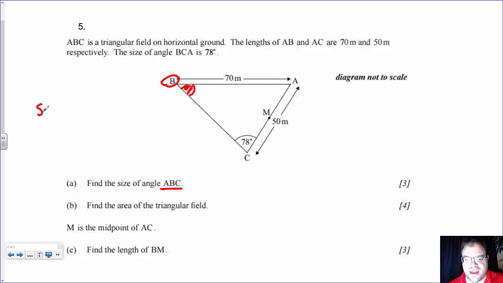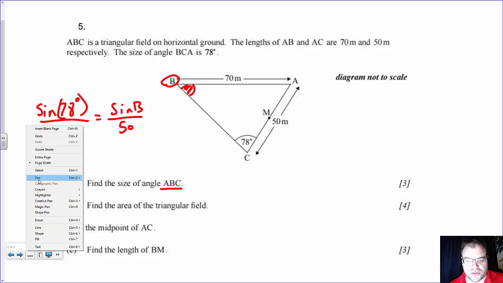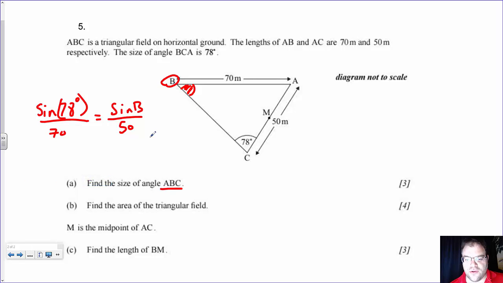So I'm going to say the sine of that angle, the angle that I do know, which is 78 degrees, divided by its opposite side, which is 70, will equal the sine of any other angle divided by its opposite side on the triangle. So the one I'm after is B, so it's equal to the sine of B over its opposite side, which I know is 50. So this is called the law of sines, and I'm going to actually try to use it to find angle B.